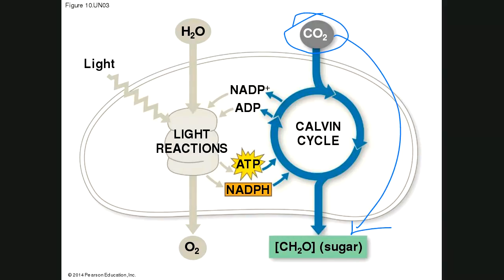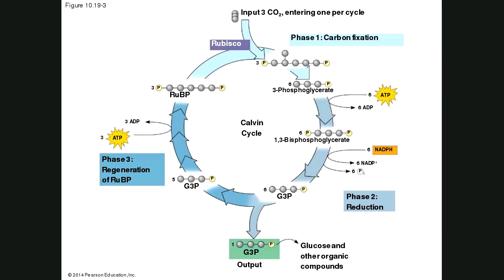So we're engaging in an anabolic reaction. You need two things for an anabolic reaction: materials, energy. Okay? Simple as that. And of course, as I mentioned, once that's being used, it's going to cycle back to the light reactions. Now let's take a look at the Calvin cycle.